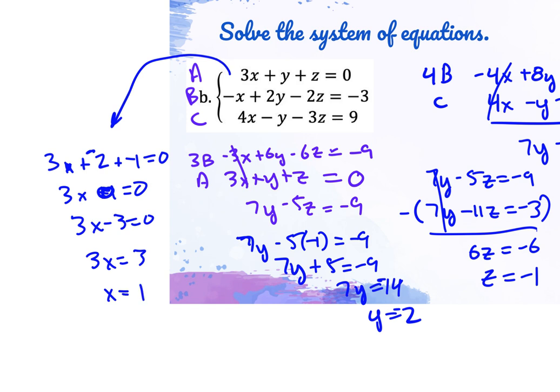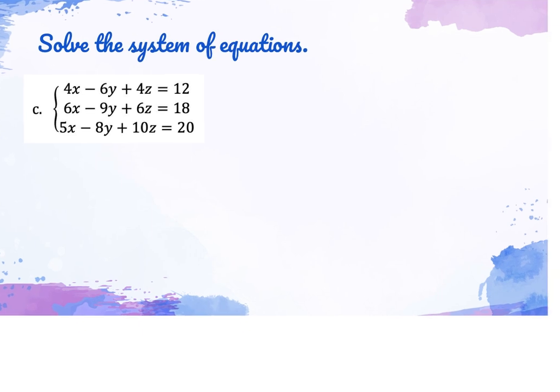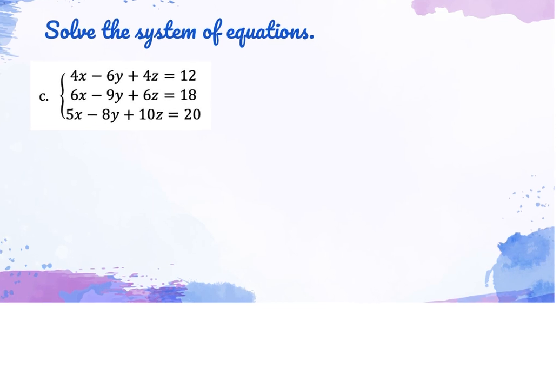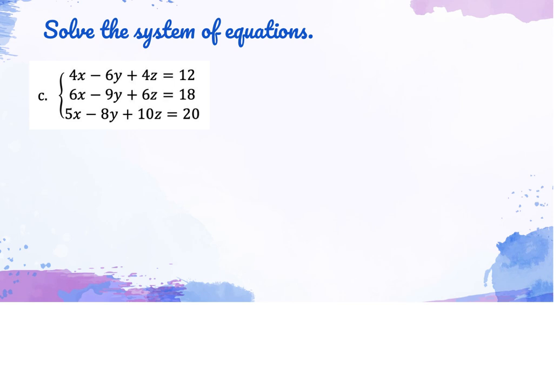Okay, sorry about that. Now I want to show a variation on this. This is kind of a weird wrinkle, and I want to show what happens. Right now, very messy. There's not a lot I can do. But what I'm going to try to do is combine A, B, and C, and I want you to see what happens. So let's just say I go 3 times A. I'm still trying to go after X, and negative 2 times B. When I do that, it's going to be 12X minus 18Y plus 12Z equals 36.